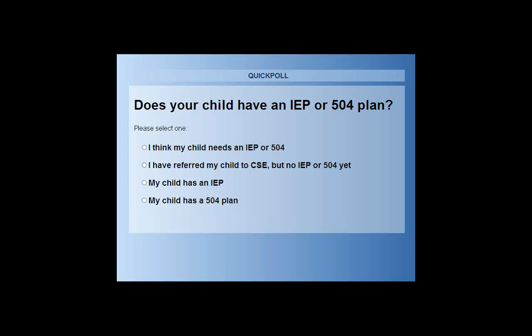Okay. One last polling question before I turn over the mic, and that is, does your child currently have an IEP or a 504 plan? Are you in the process that you've referred your child to CSE but no IEP yet? Does your child have a 504 plan? Or you're not even quite sure. Your child has something but you don't know whether it's an IEP or a 504. Okay.